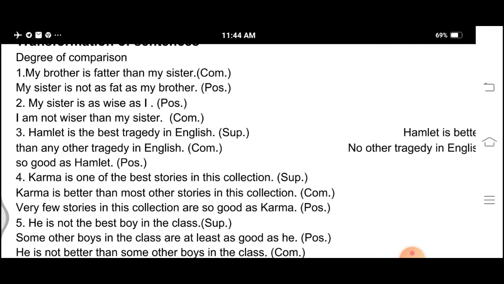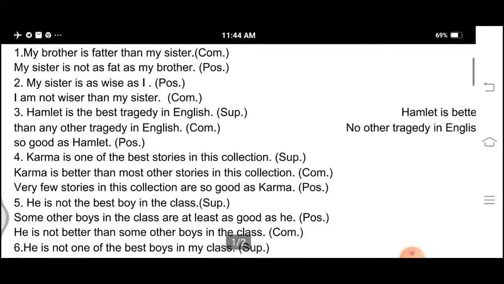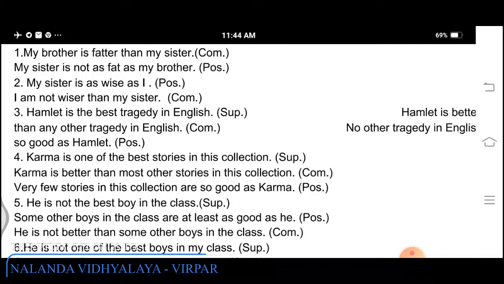The next sentence is: My sister is as wise as I. I am not wiser than my sister. It's a comparative. In the comparative sentence, we have to use the second comparative adjective, wiser. In the board examination, you will find what changes you have to make.